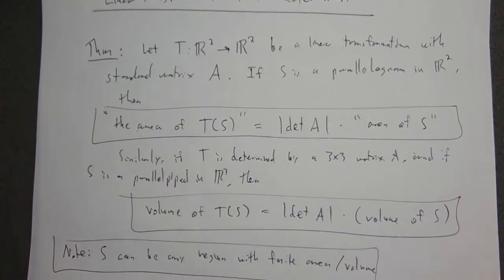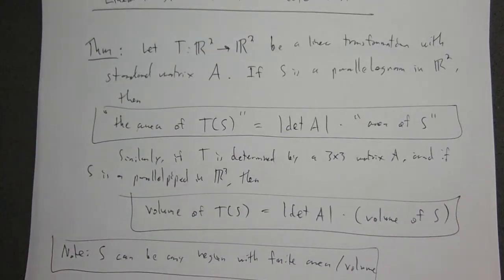But S can actually be any region. So S could be, for example, an ellipse and its interior. There are lots of possibilities for pictures here. So anyway, this is a final nod to what is important about the determinant, or rather giving you more motivation for why the determinant is important, because it's intimately tied in with the geometry going on in R2 and R3.